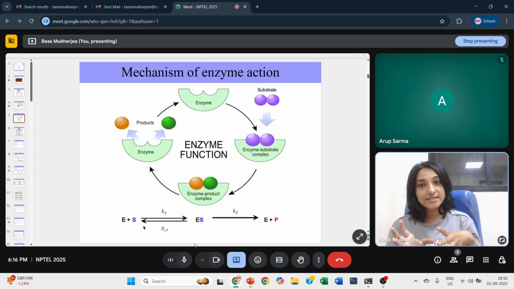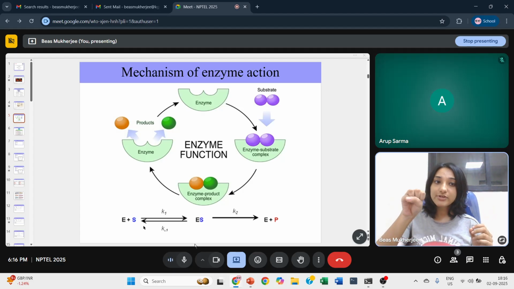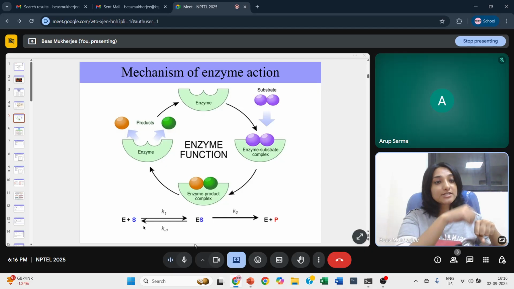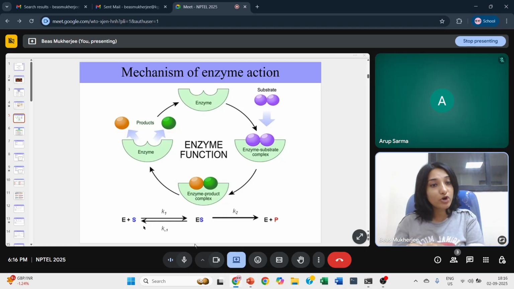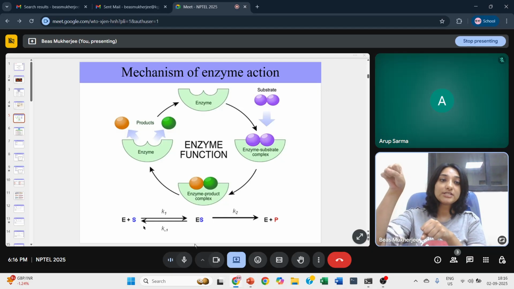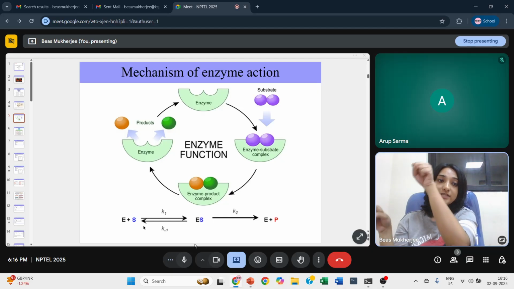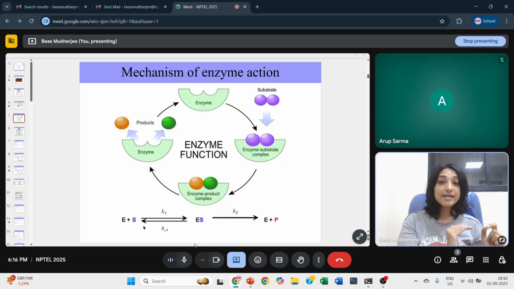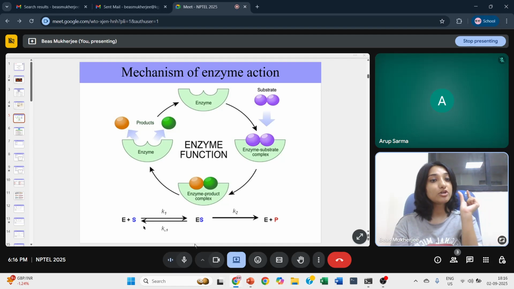So see, how does an enzyme function? The free enzyme binds to the substrate and forms the enzyme substrate complex. Then the substrate is converted into the product and the enzyme product complex is there, and then the product is freed and the enzyme is once again free, and it repeats this cycle. The rate constant at which the enzyme substrate complex is formed is denoted by K1.